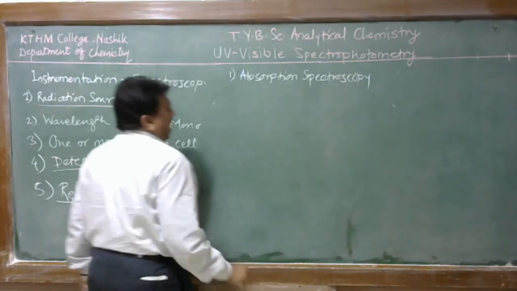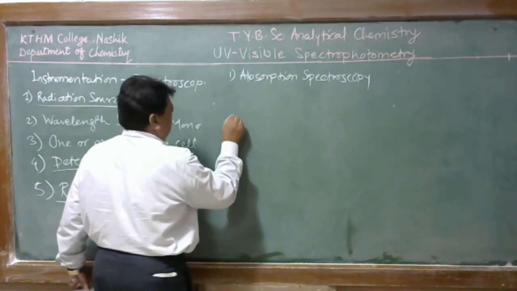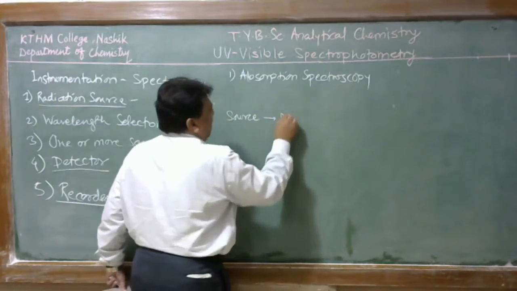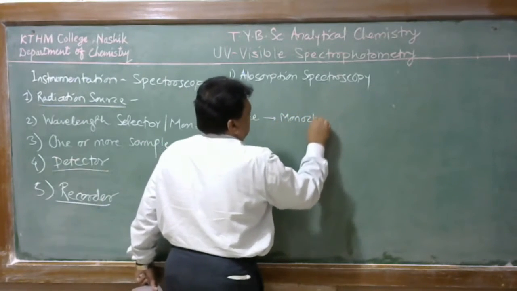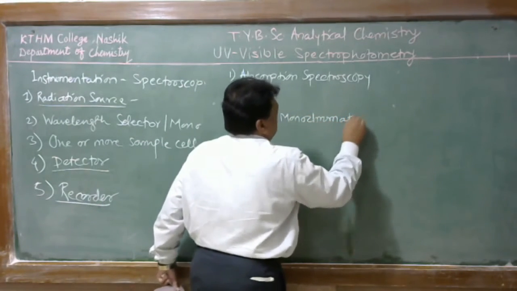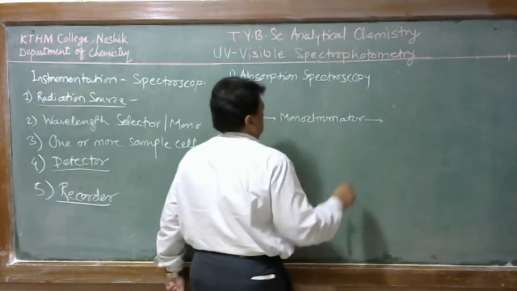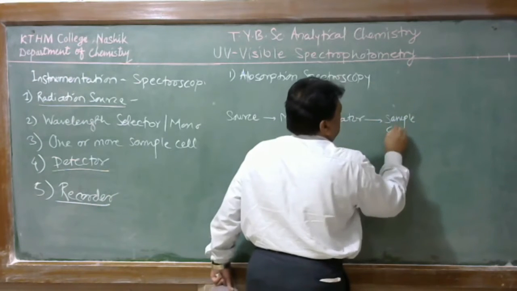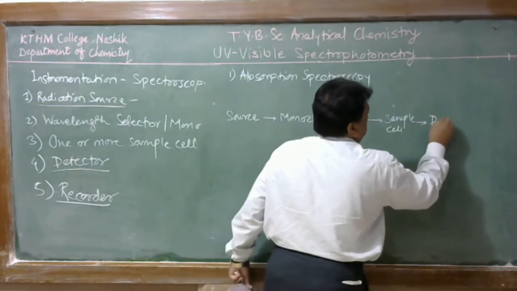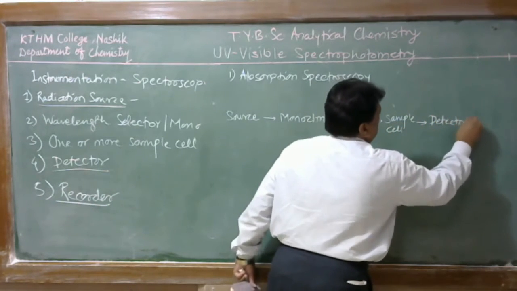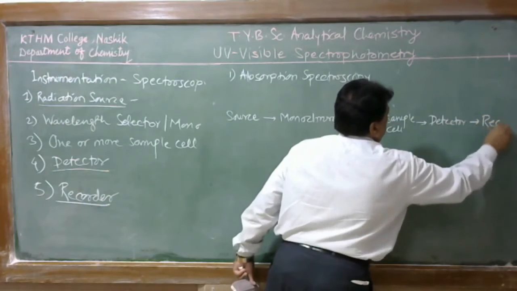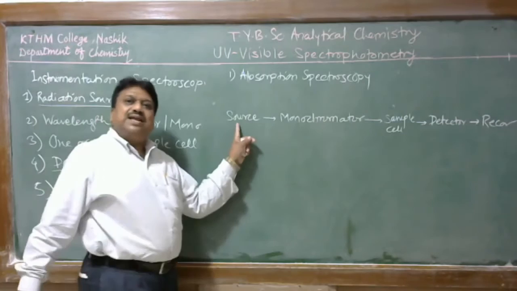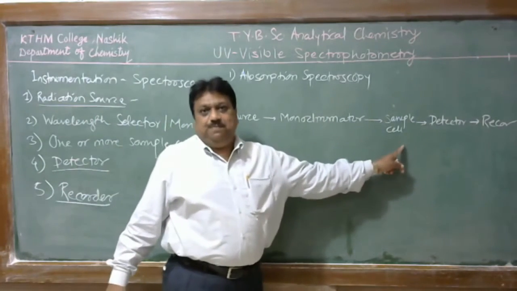The components are arranged in this order: a radiation source, then a monochromator, then a sample cell, then a detector, and finally the recorder. In this case, all components are arranged in a single line.